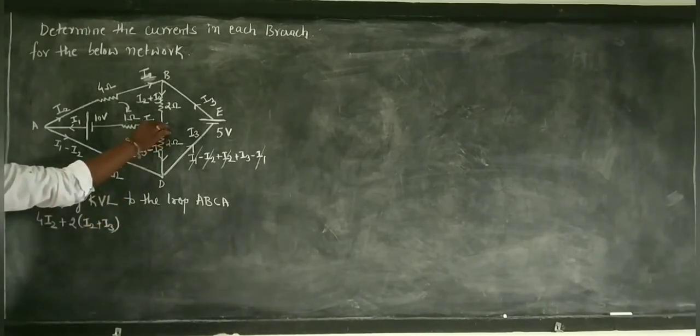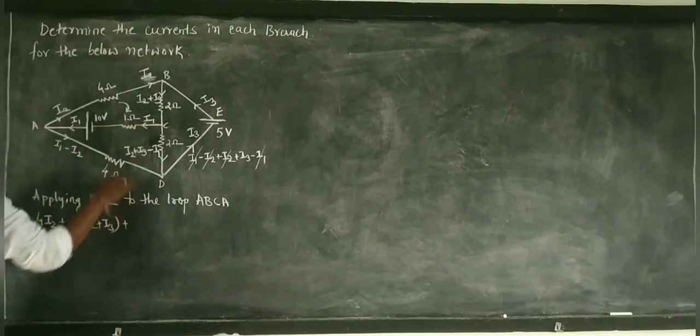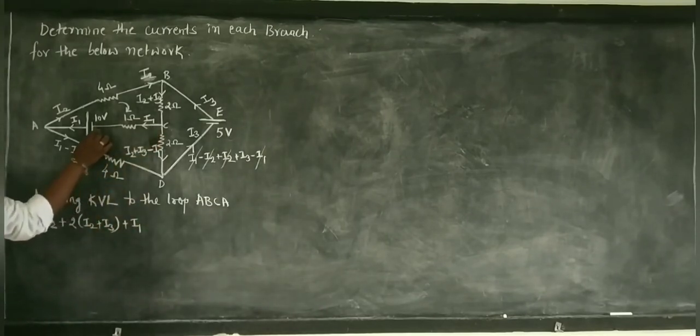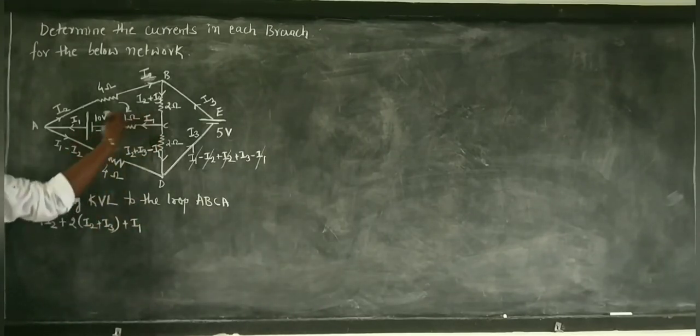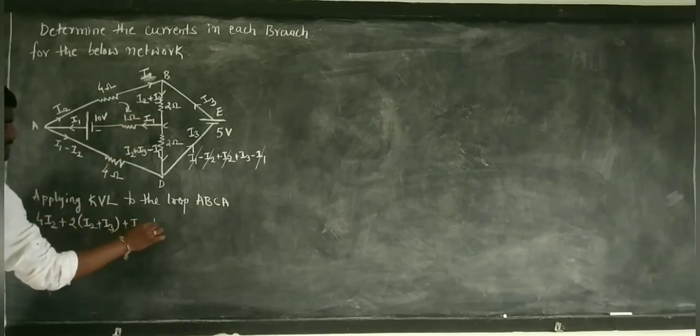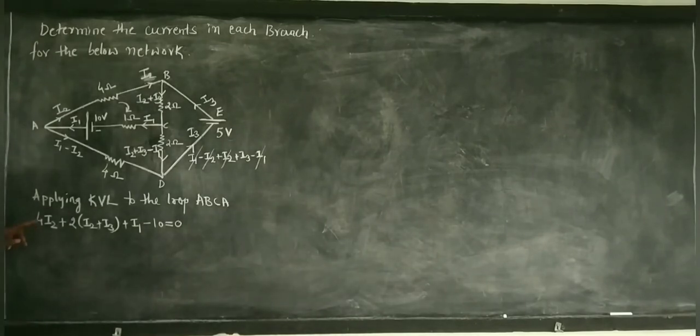We reached C. From C, next, I1 current is there, 1 ohm resistor is there, therefore 1 into I1. Then we reached the negative terminal of the battery, therefore it is taken as -10 is equal to 0. The sum of potential differences and EMFs across the loop must be equal to 0 according to KVL.